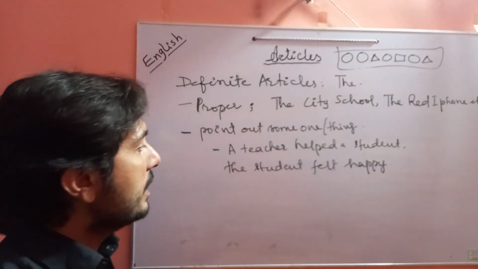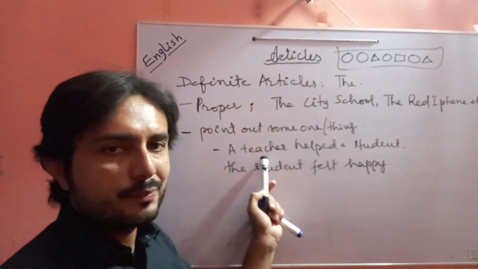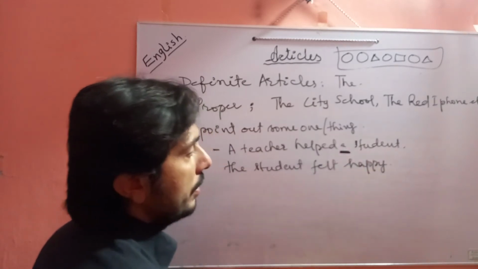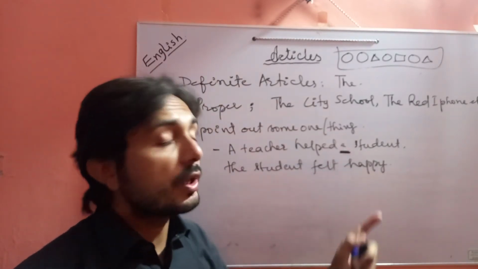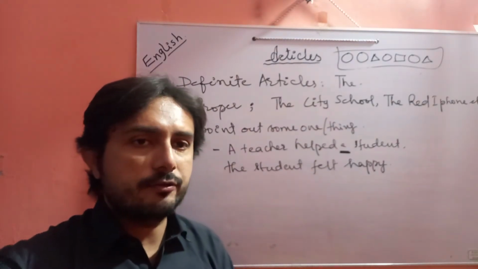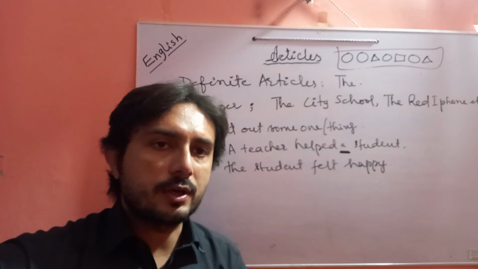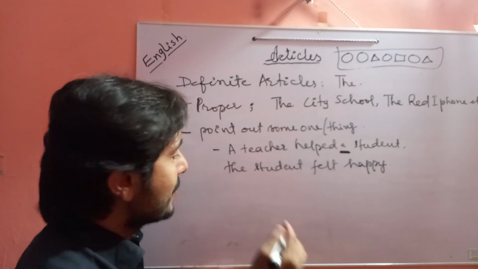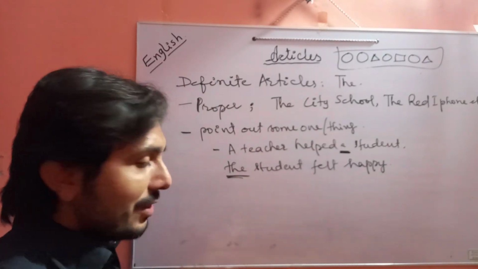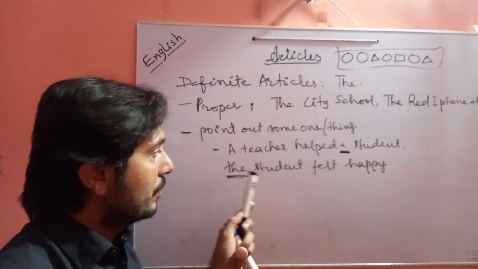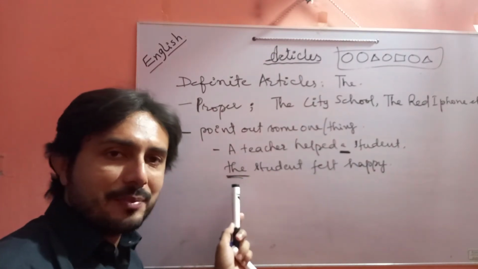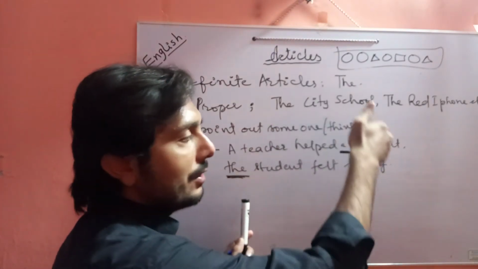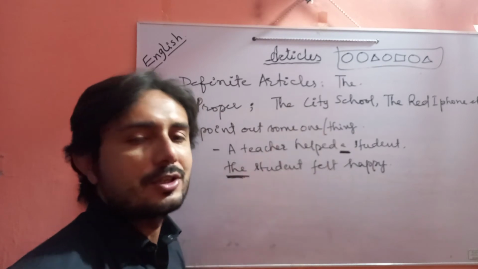Here you can see we have used "a teacher helped a student", the indefinite article, because the student is common. A teacher just helped randomly in the class. She or he helped a student, but that student became happy. So that's why we use "the" here. It means the student who was helped by the teacher became happy. So "the" is used to point out that student which was helped by the teacher.